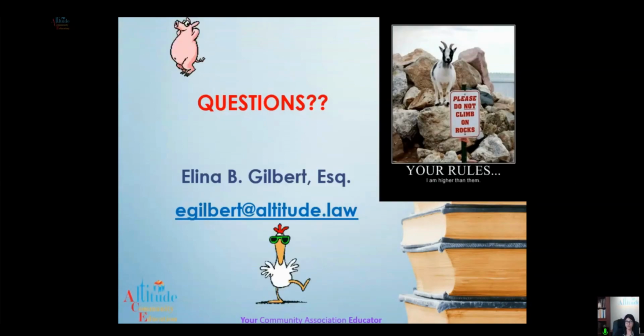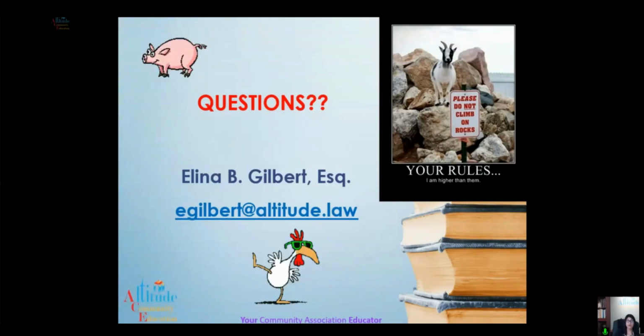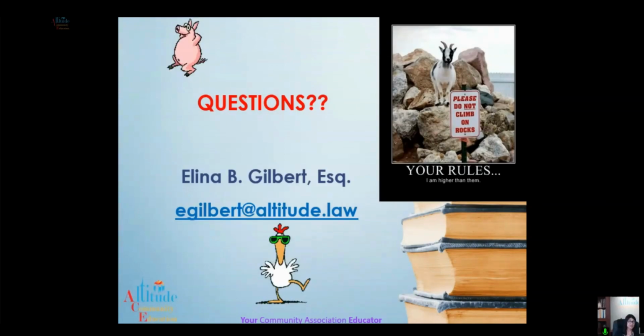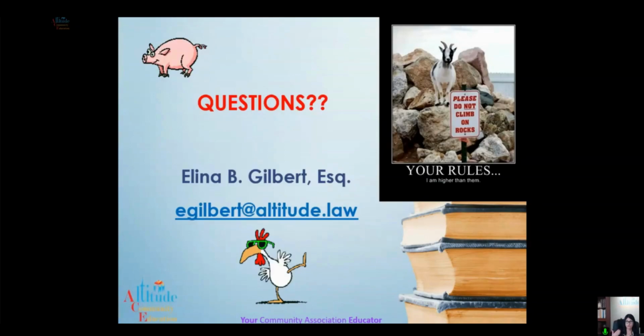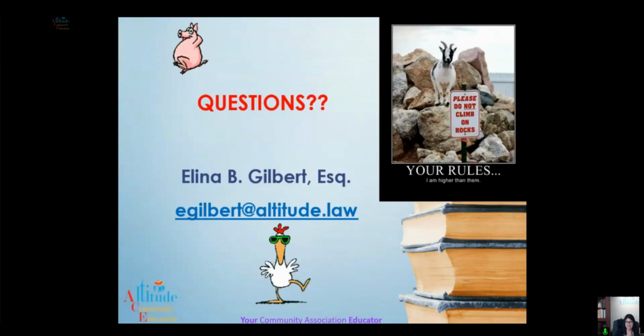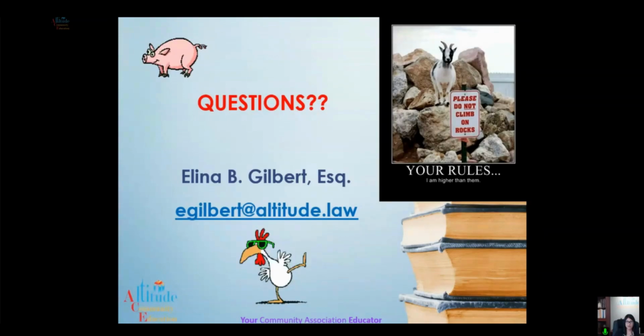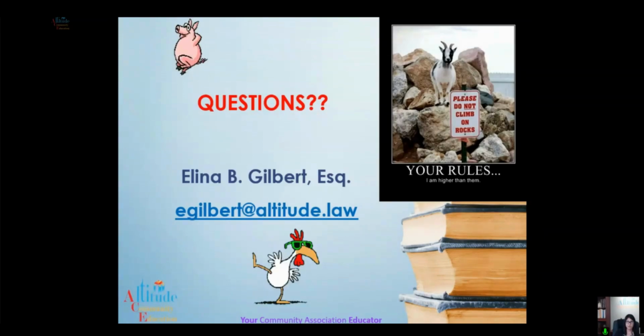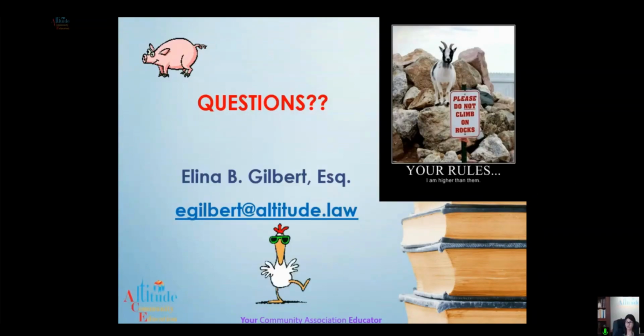Well, with respect to race, now you are actually discriminating based on race. It doesn't matter if you intend to do it. It's the impact. That's all that matters. So if you have rules that negatively impact a protected class, you are discriminating. So we generally do not recommend that you adopt different rules for your renters than you do for your other residents.